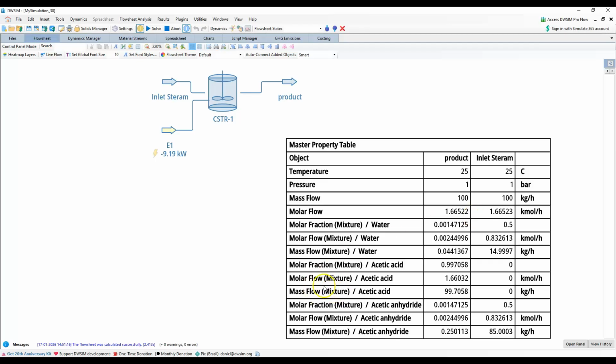Here you can see the acetic acid molar flow rate is 1.66032, and the mole fraction of acetic acid is here, 0.997058. So nearly 99.7058 is the conversion. I hope you understood how to simulate acetic anhydride to acetic acid in a CSTR.